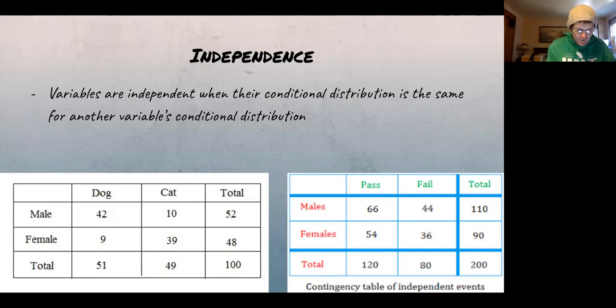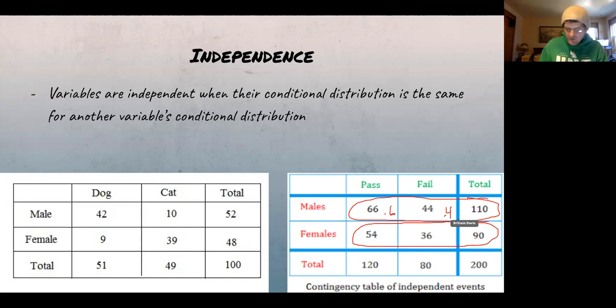I'm going to do a conditional distribution based on gender, and I'm going to figure out the conditional distribution for males passing and failing the class. So 66 out of 110 is 0.6. That's 0.6, which means this is going to be 0.4.